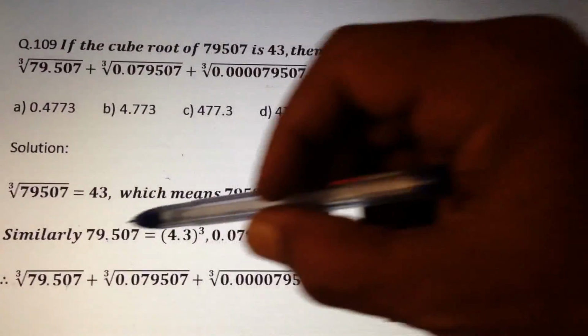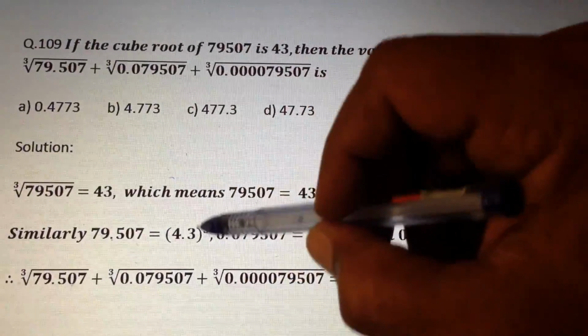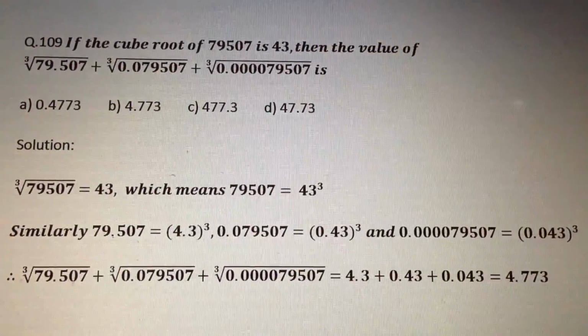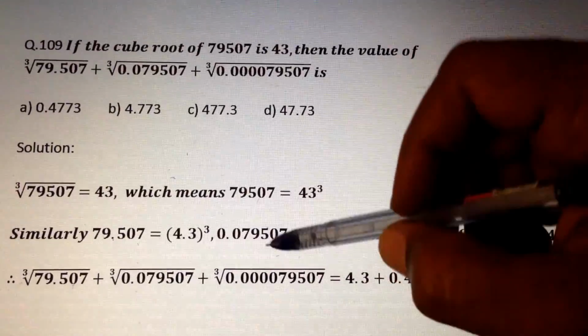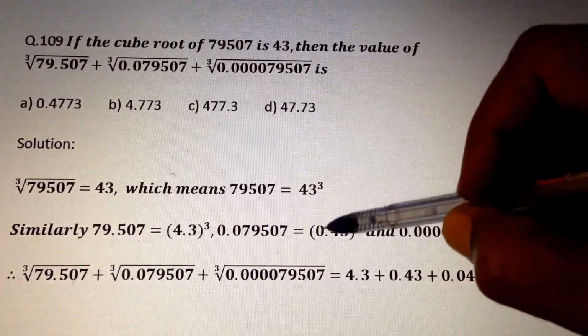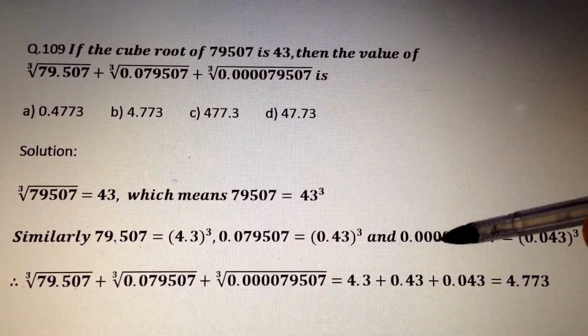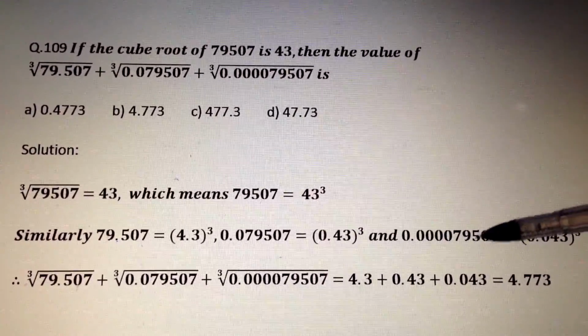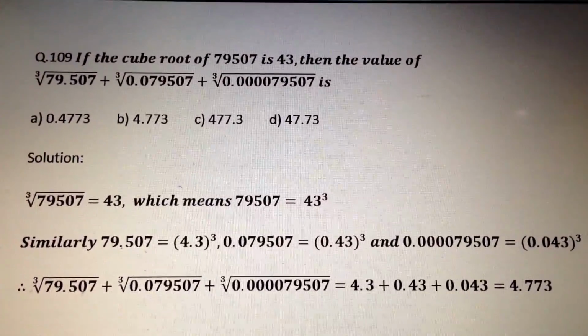So 79.507 is equal to 4.3 whole cube, and 0.079507 is nothing but 0.43 whole cube, and 0.000079507 is equal to 0.043 whole cube.